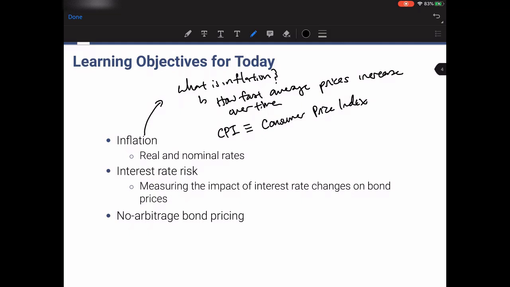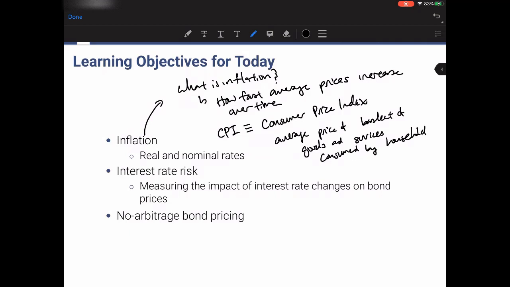And CPI is essentially a basket of goods and services that's consumed by the typical individual or citizen within a city, country, whatever. Okay? So you should think of the CPI as the average price of a basket of goods and services consumed by a household or individual. Okay, average household.